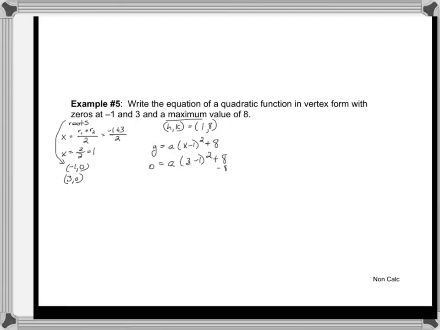This time we have to subtract 8 across. So -8 is equal to a times 2 squared. -8 is equal to 4a. And so when I divide by 4, -2 is equal to a.